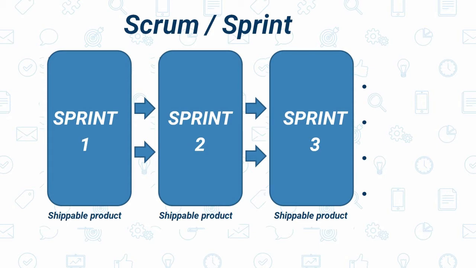Unlike the waterfall model, where the whole product is only visible to the client once the complete software is built, here in Scrum, after the end of each sprint, the product is visible to the client, though not the complete model, but a part of the functionality. So after a period of time, the customer is able to view the enhanced software gradually.